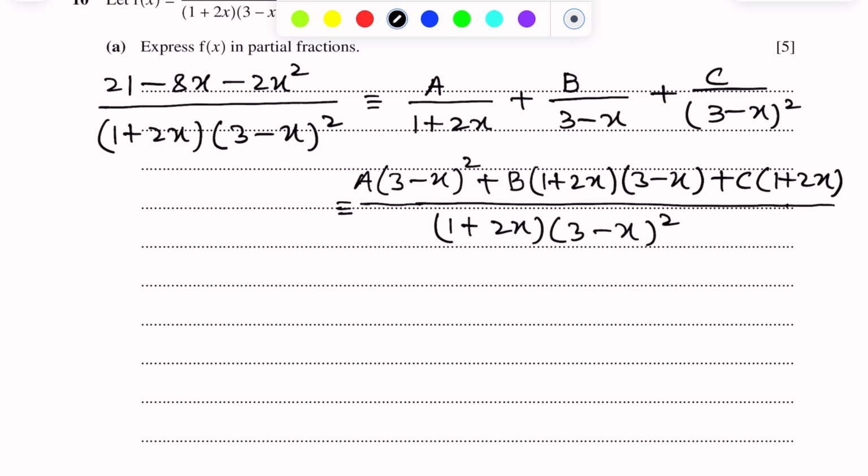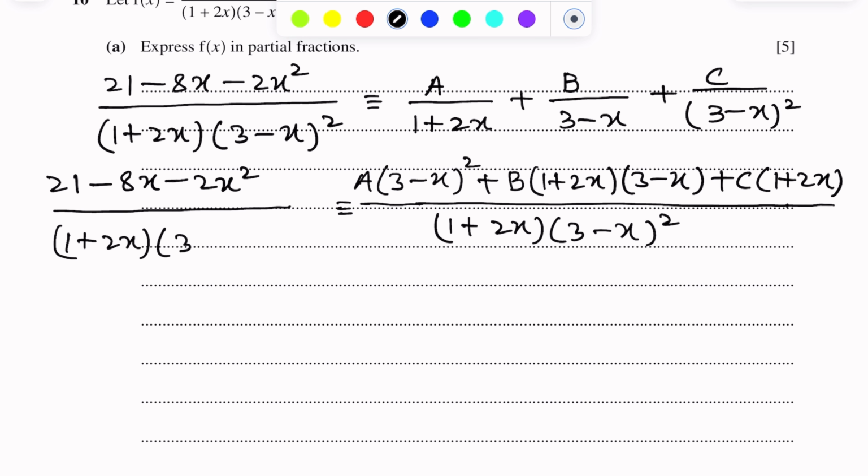The left hand side remains the same: (21 minus 8x minus 2x square) over (1 plus 2x) into (3 minus x) whole square. The denominators from both sides cancel out.